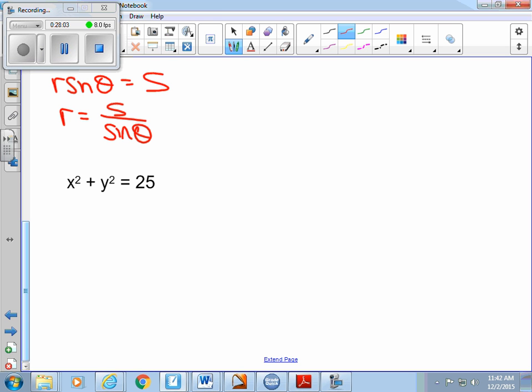Okay, not necessarily clever answers, just how would I work it? Change the y and the x's. Okay, so I could just change the x and the y to r cosine theta and r sine theta. Is that going to work? Absolutely.